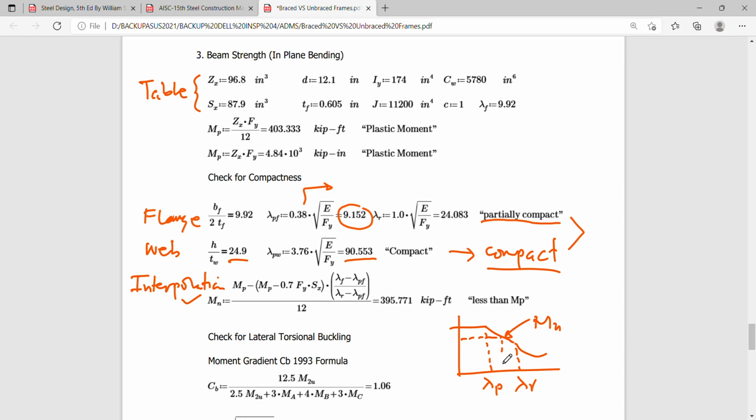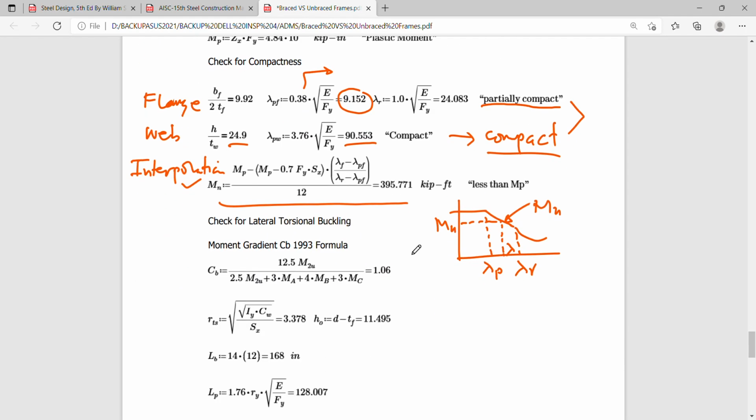If your lambda falls in between, as can be seen here, lambda is in between lambda pf and lambda r. So our value here, Mn, is given by this interpolative formula. And computing it, we now have a value less than the plastic moment, therefore this is valid.